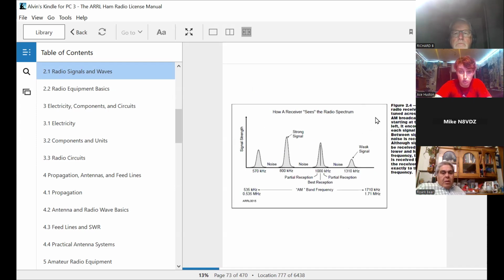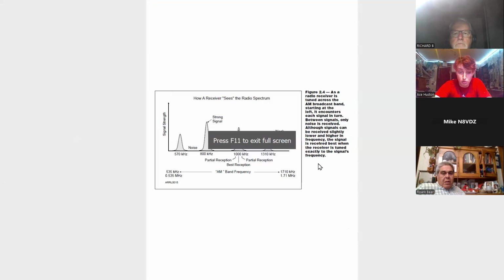How a receiver sees the radio spectrum. Okay. They're starting off with the AM radio band. And you can see it comes up.